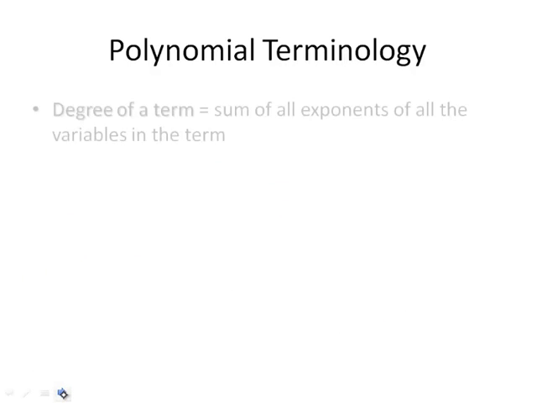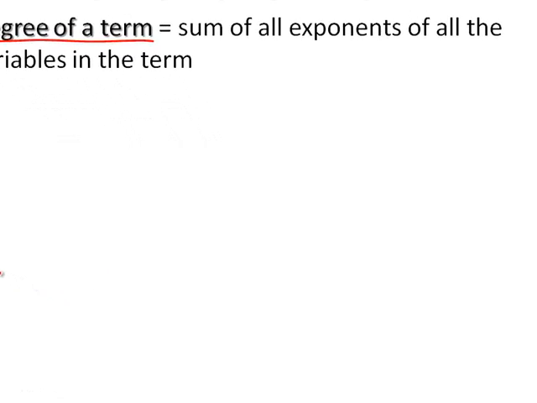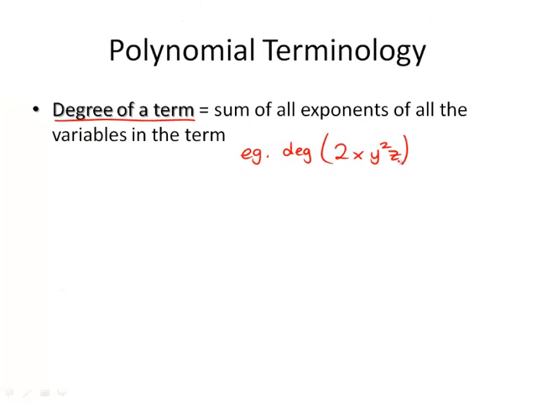Let's look at some more polynomial terminology. You could be asked to find the degree of a term. The degree of a term is the sum of all the exponents of all the variables in the term. So for example, say you had 2xy squared z, and you were asked to find the degree of this term.